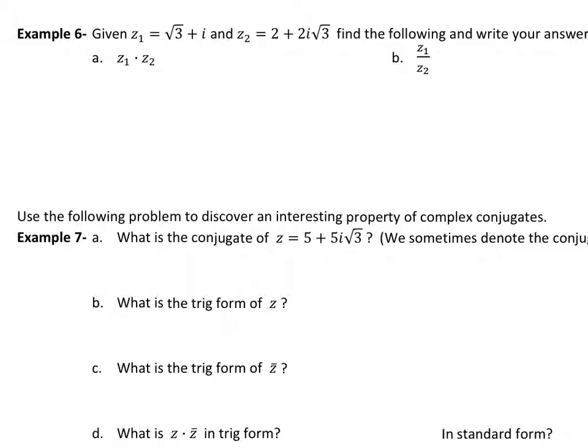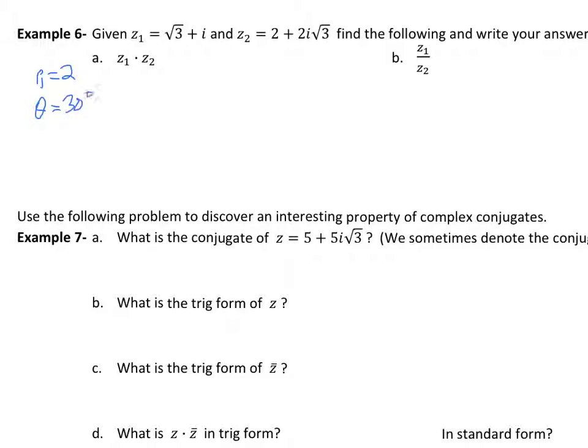For z1, we know our modulus r1 is 2, and we figured out theta. The arctangent of 1 over root 3, so that's 30.